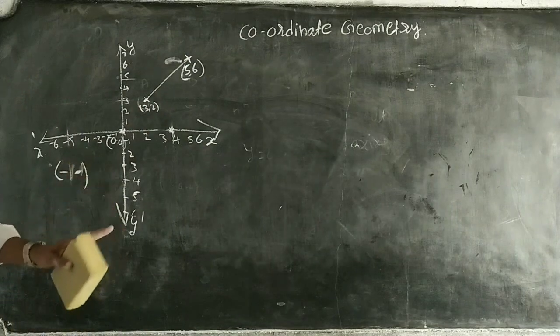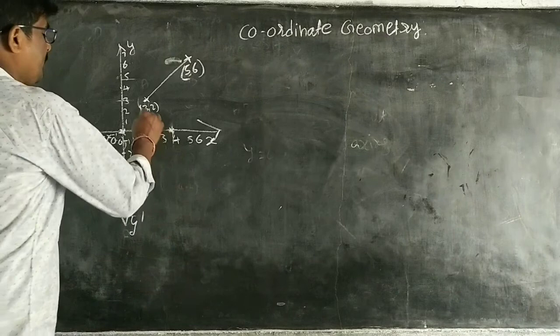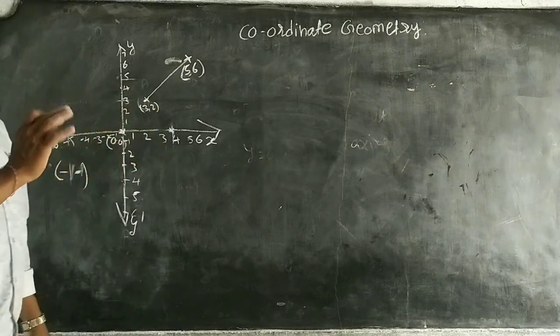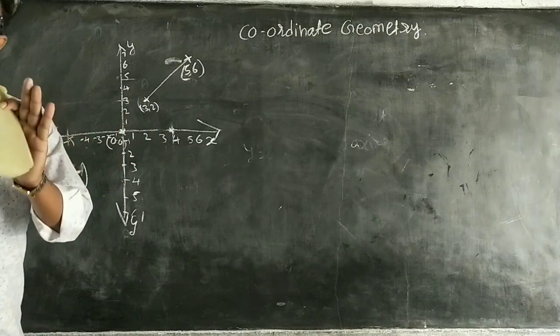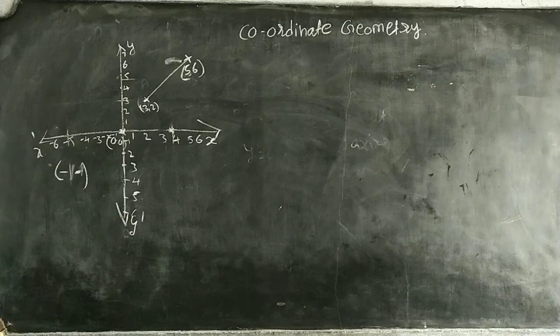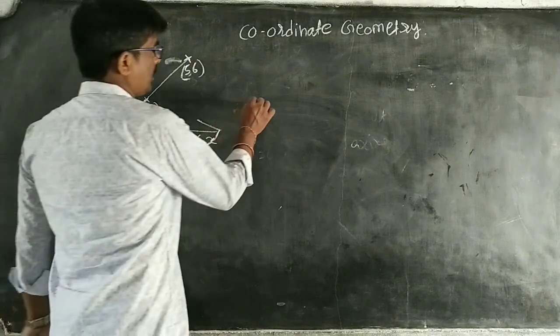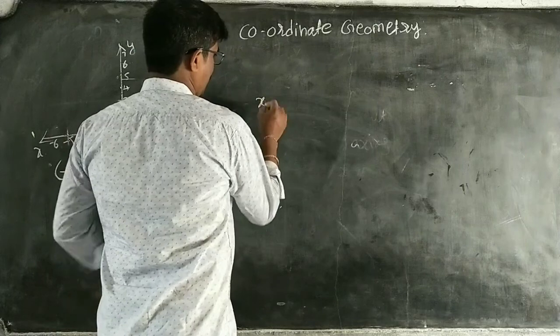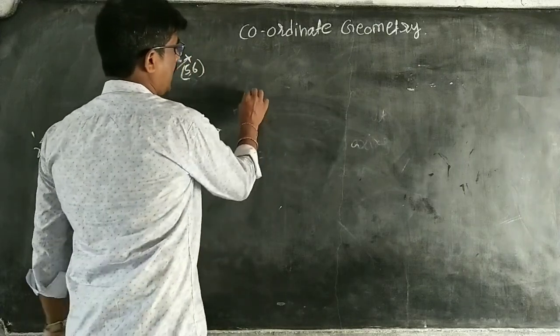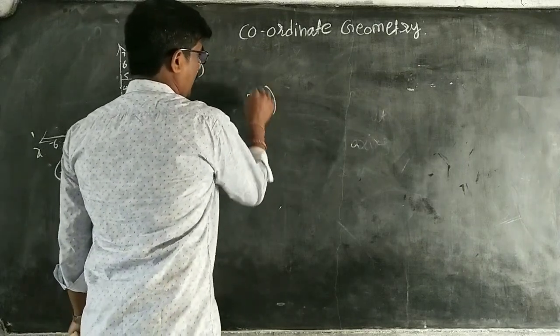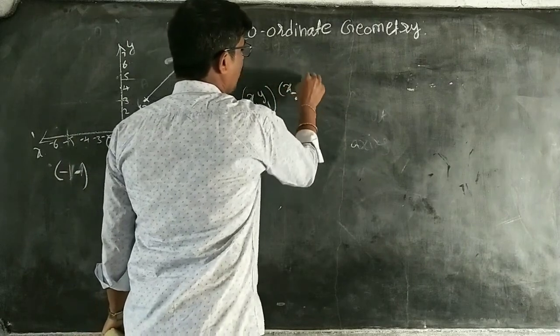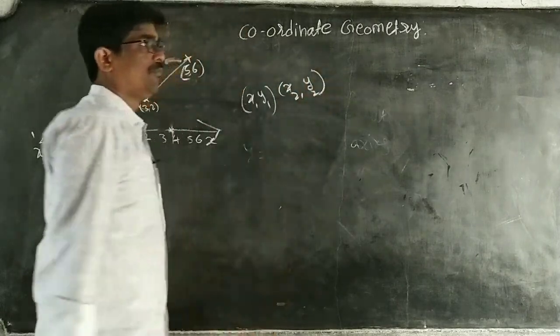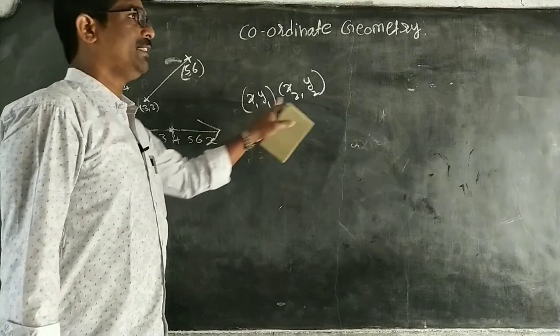That is a problem. So here we have one formula, the distance formula. One important distance formula. For the distance between 2 points, for example x1, y1 and another coordinate x2, y2.